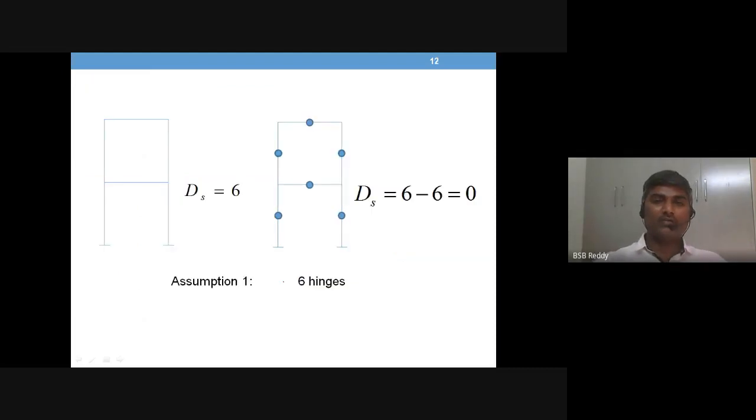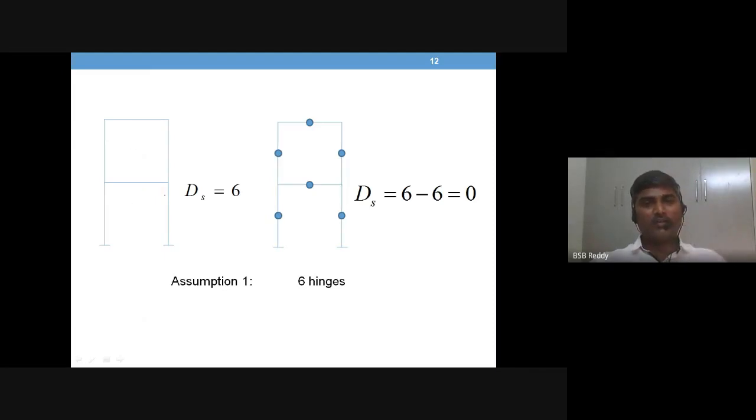Right. So likewise, that was when you increase the number of bays. Now let us see the number of stories. If you increase, how are your assumptions satisfying the determinacy? So let's take a single bay 2-storied building frame. This is 1 bay and 2 stories.